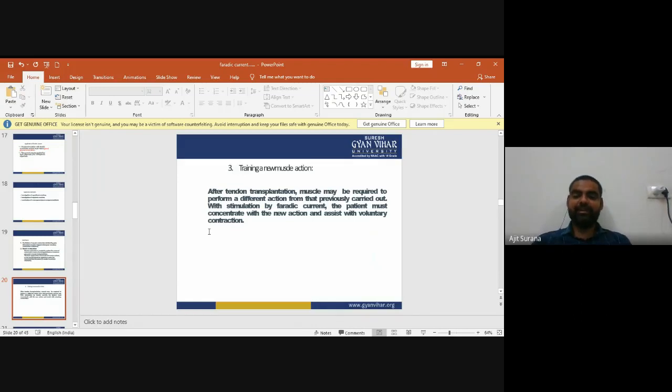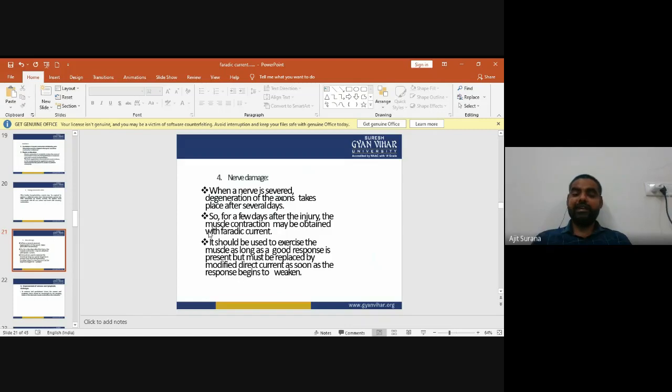The patient must concentrate on the new action and assist with voluntary contractions. So they are mainly used in re-education after tendon transfer in foot drop. So this is training in new muscle actions.